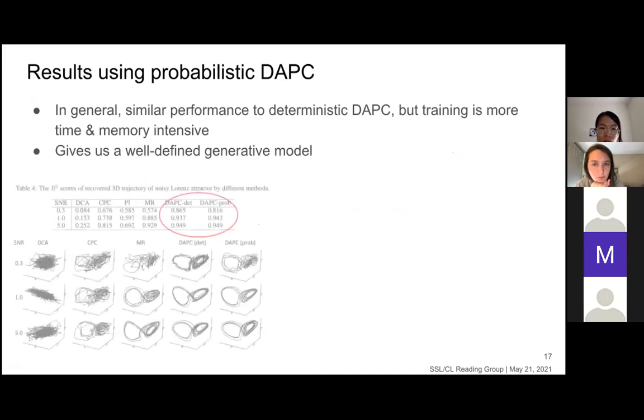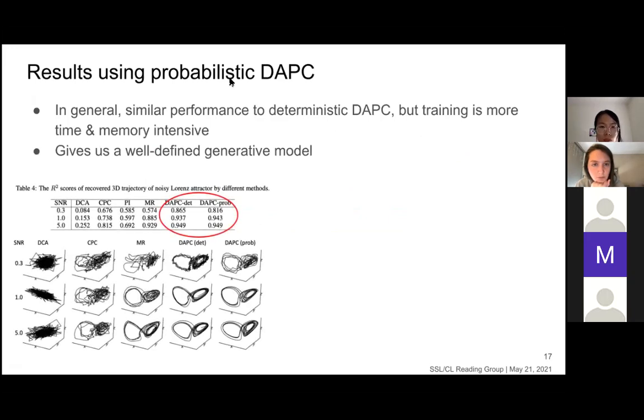And they also performed experiments using this probabilistic variant of DAPC. So on these Lorenz attractor experiments, you can see that the results, I think visually they are a bit different, but by looking at the numbers here, the R-squared scores, they are pretty close.